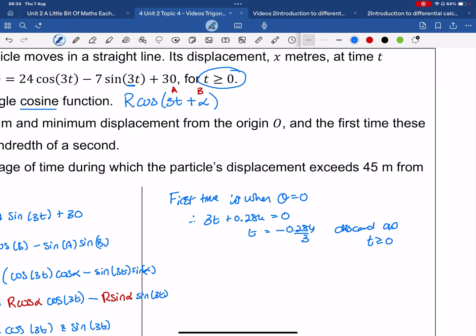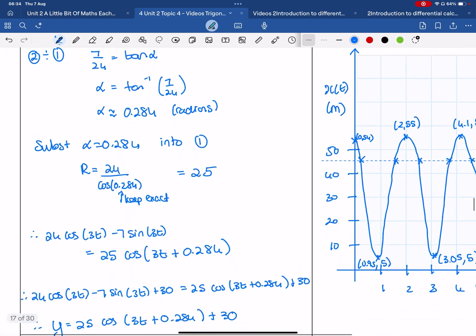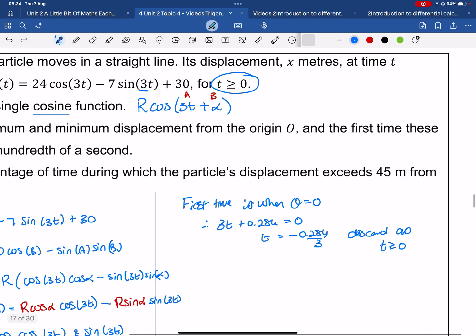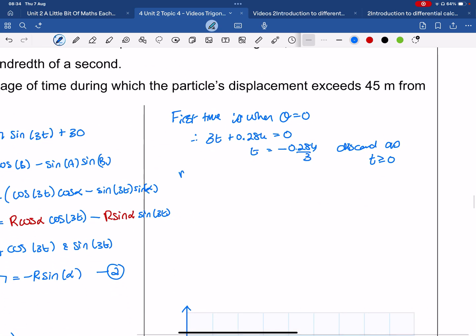So we're now looking for the next time. So we have a look and we see, okay, well, the next time is at 2 pi. So the next time is when 3t plus 0.284 is equal to 2 pi. And that works out to approximately 2 seconds.